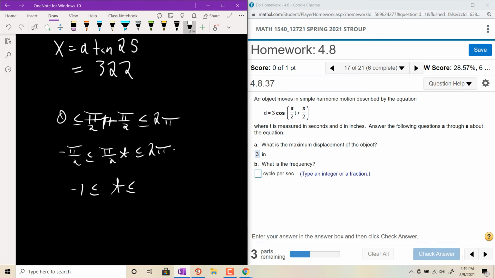Whoops, I forgot to subtract pi over 2 here. Multiplying by 2 over pi on all this, everything got multiplied by 2 over pi. The first distribution, you'll have 4. And then the second distribution, you just have 1. So the period is 4.